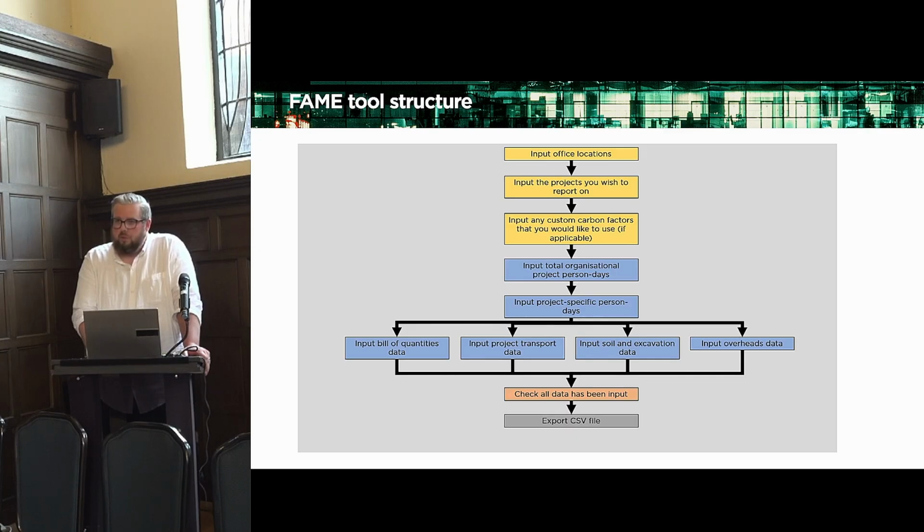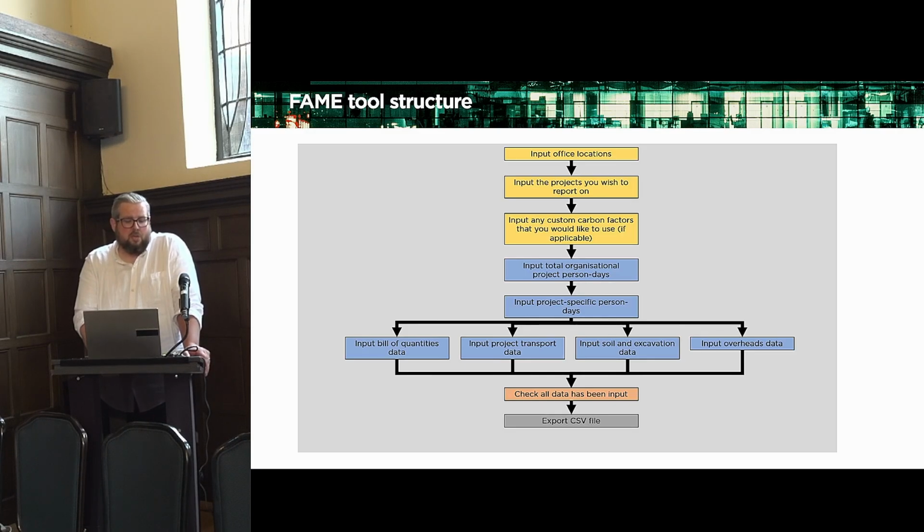So your fixed office locations, projects you want to report on, and any custom carbon factors, where you've got better activity data and an improved factor. We do enable that as data availability improves with time.